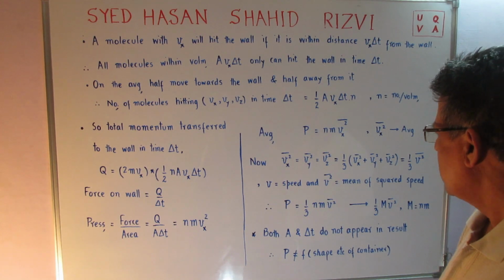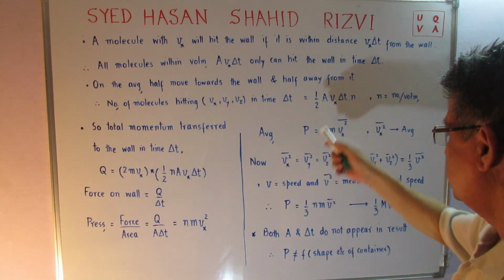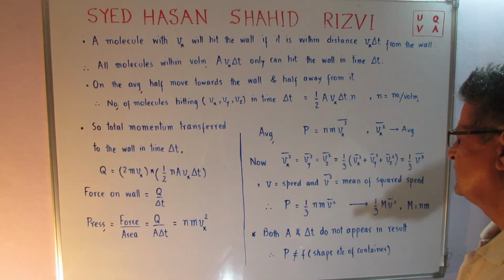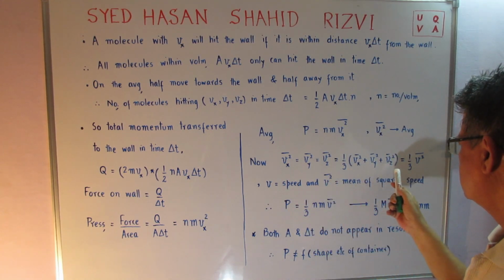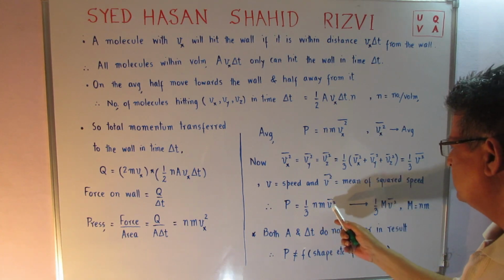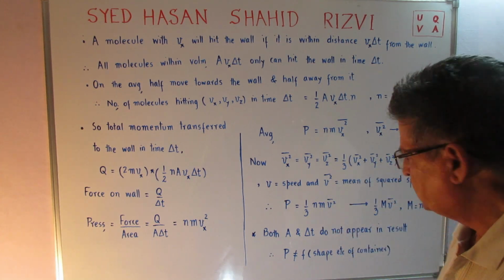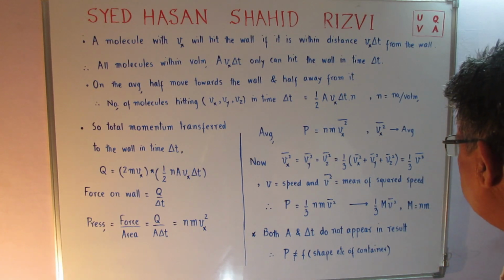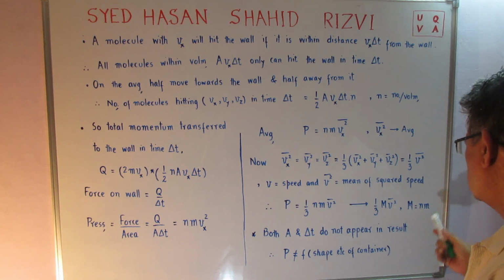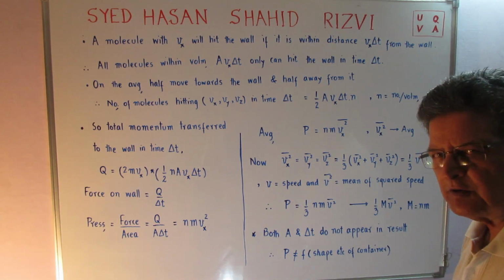And so if you subscribe to that, then P becomes equal to 1/3 m n v square mean.